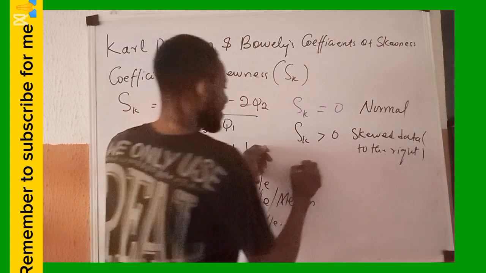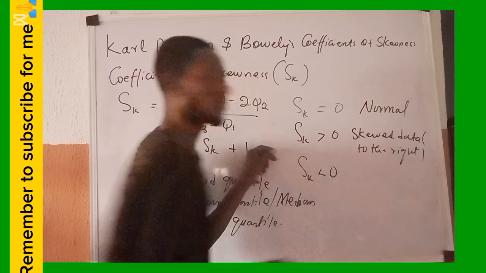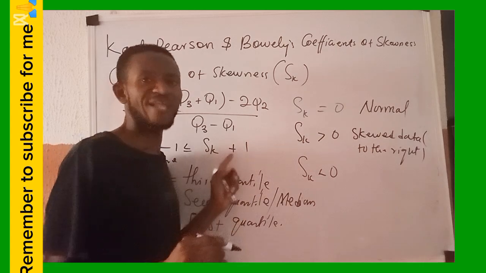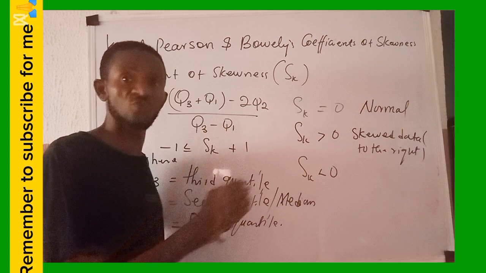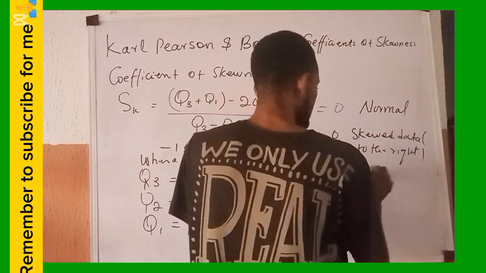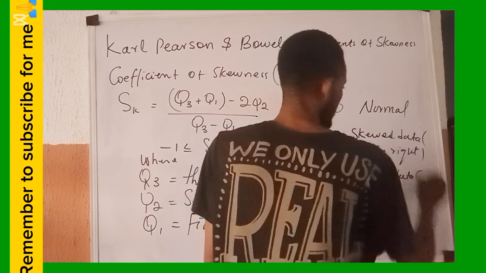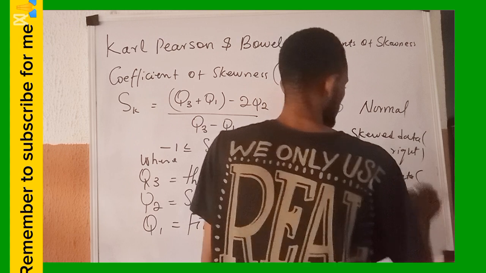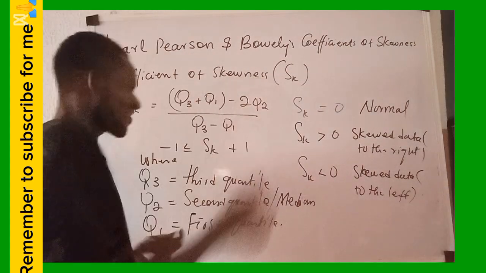But when we calculate and S subscript K becomes less than 0, we know that our data is also skewed, but skewed to the left. So here we call it skewed data, but this time around to the left.